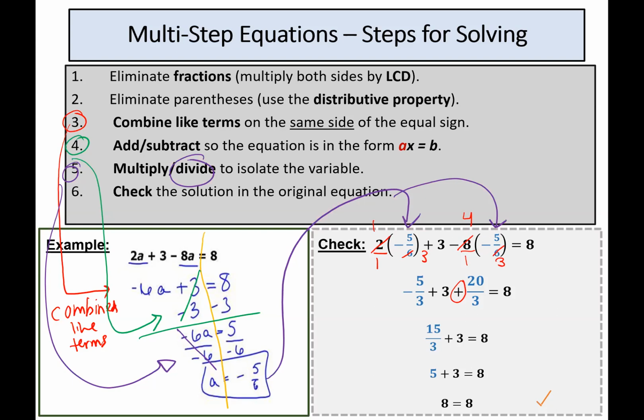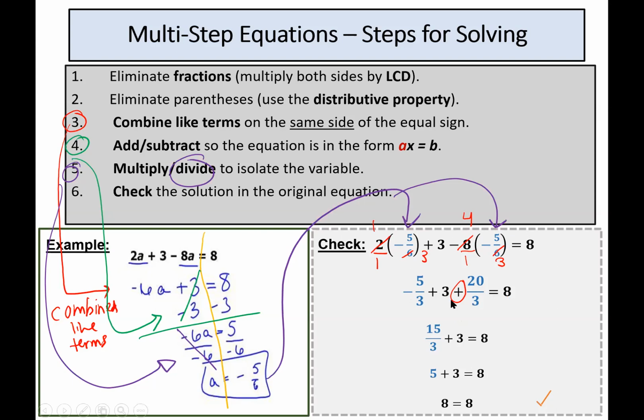Now, when we multiply across here, this negative times negative is positive, 4 times 5 is 20, and 1 times 3 is 3. So here's what we have so far, putting it all together. Negative 5/3 plus 3 plus 20/3, that's what we just worked out, equals 8.